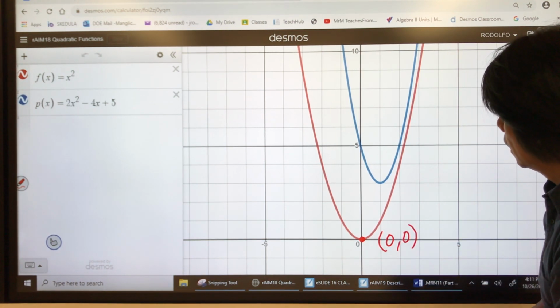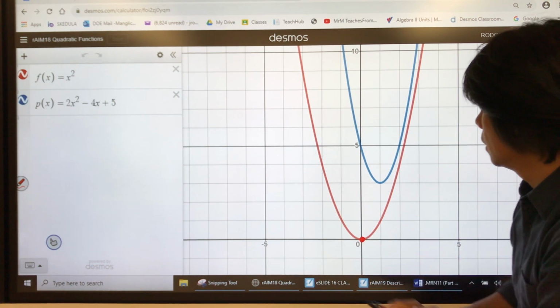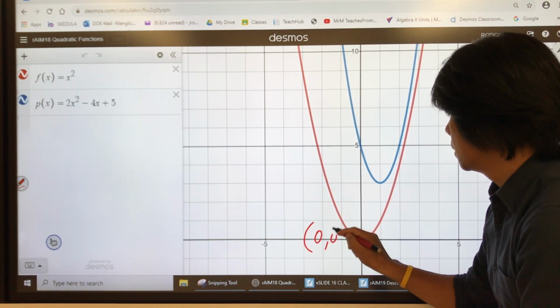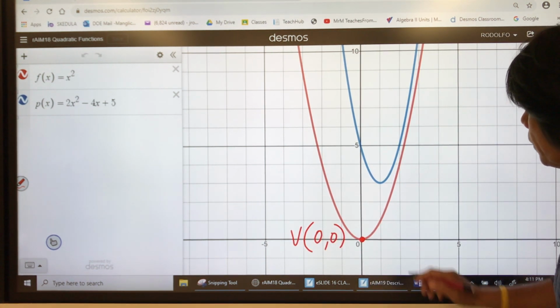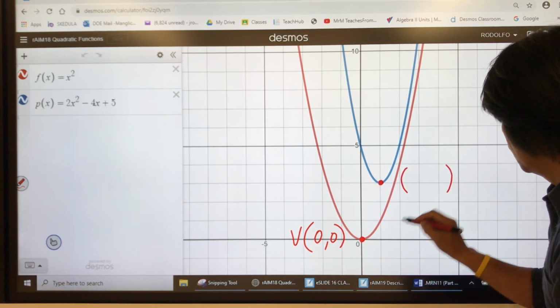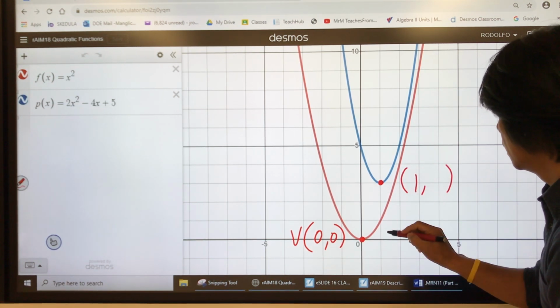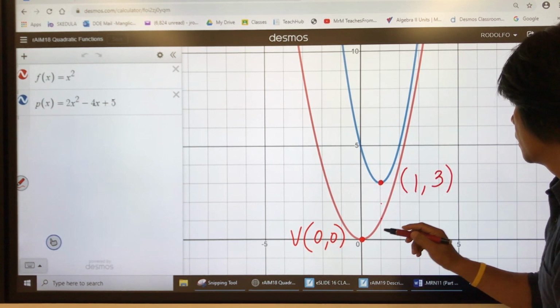Now, what happened here? Let me write this on the other side. 0, 0, that's the vertex of the parent graph. Now notice here, the vertex is positive 1, 1, 2, 3, positive 3. So what happened?